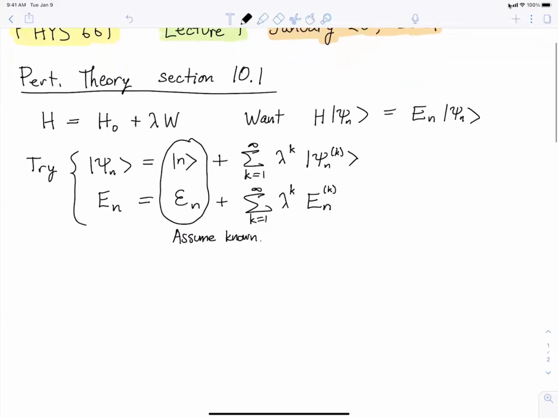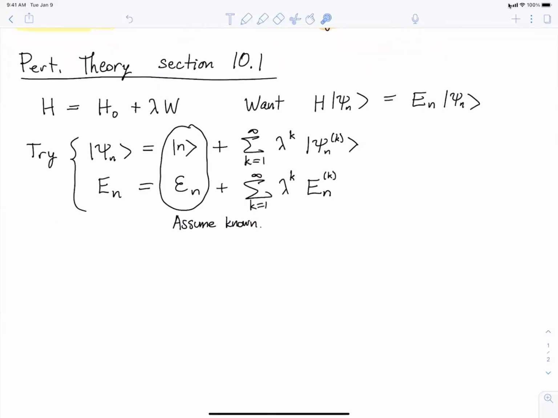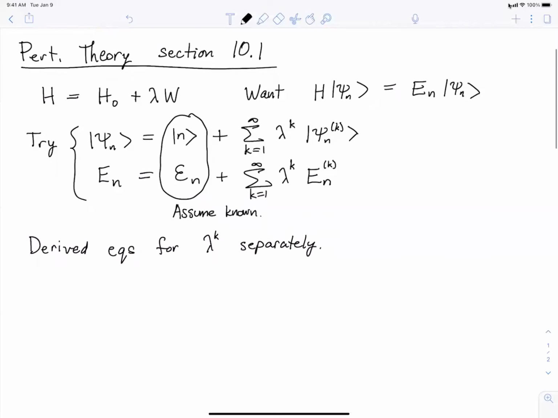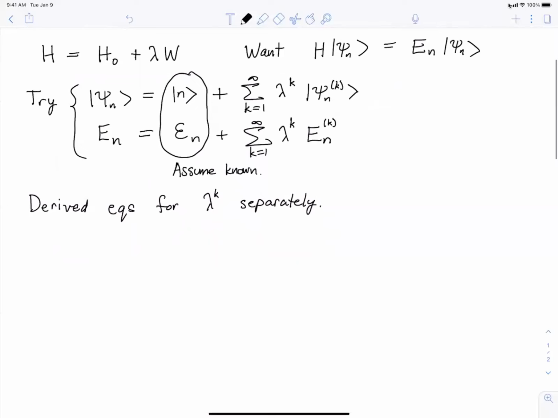Okay, so then we plugged that into this equation, and we derived, which I'm not going to rewrite, equations for each power of lambda to the k separately. So that's the basis of the strategy, is divide and conquer. We divide this very complicated equation into a set of smaller equations, one for each power of lambda.